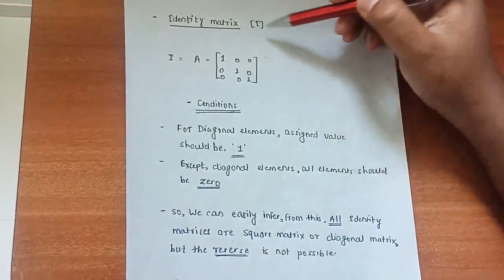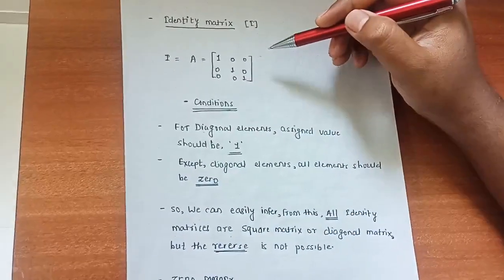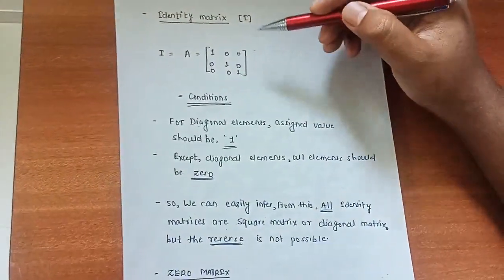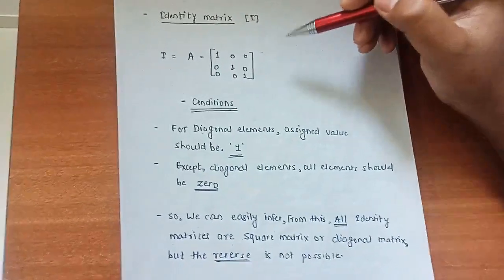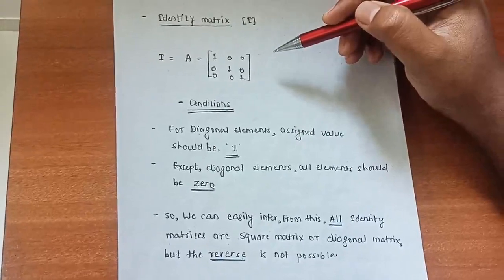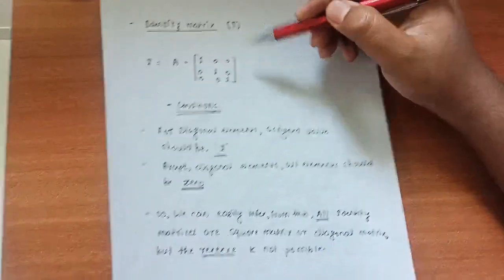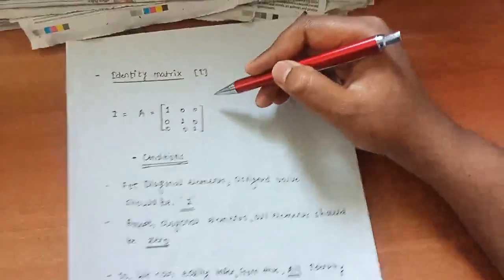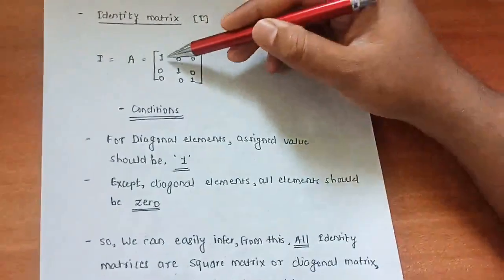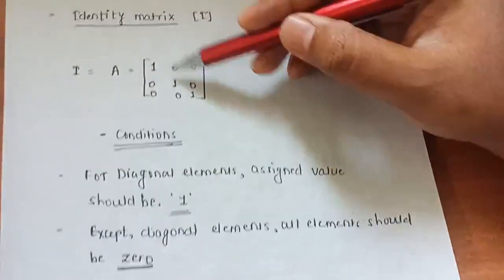Next type is identity matrix. In the last square matrix and diagonal matrix we have explained that the square matrix should have an equal number of rows and equal number of columns. Even the diagonal matrix should have the diagonal elements, but except the diagonal elements all elements should be 0. Now if you see the identity matrix, it looks like a diagonal matrix, but here is one compulsion, that your diagonal elements should be 1. All diagonal elements should have the value of 1.